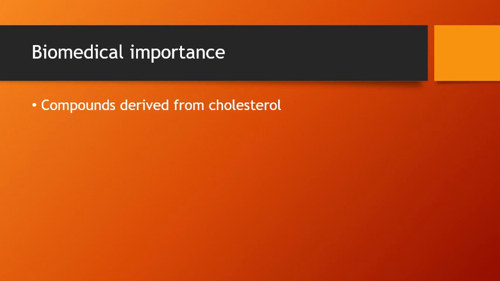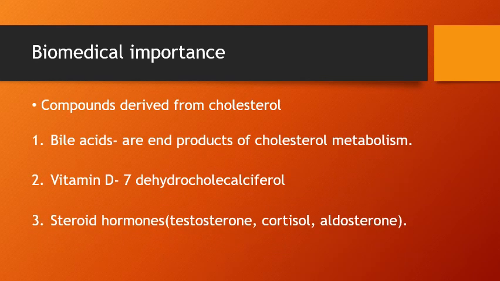The biomedical importance of cholesterol is that it plays an important part in the synthesis of certain important compounds. Bile acids are the end products of cholesterol metabolism. Vitamin D, one of the important fat soluble vitamins, is synthesized from 7-dehydrocholesterol.